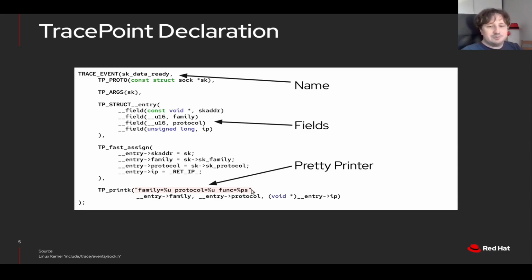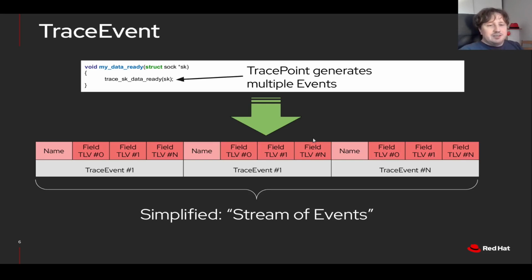And for some tracers, you have a format string for a pretty printout. This is provided by the trace point. So a trace event is actually a trace point instance. A trace point can generate multiple events.